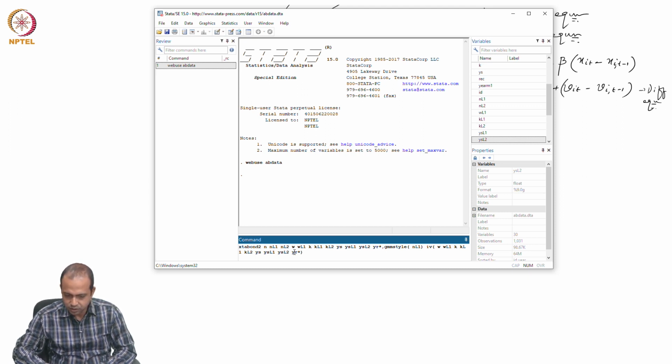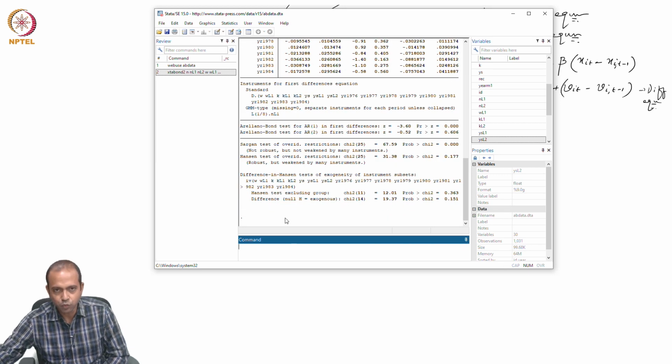Since this is a difference GMM, with no level equation, I need robust estimates and small sample correction.